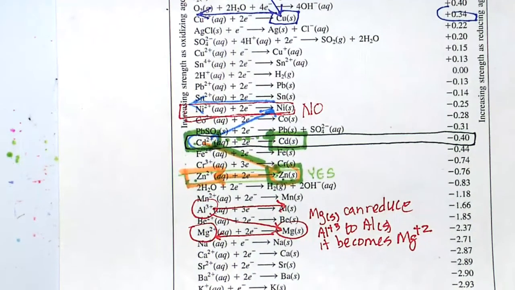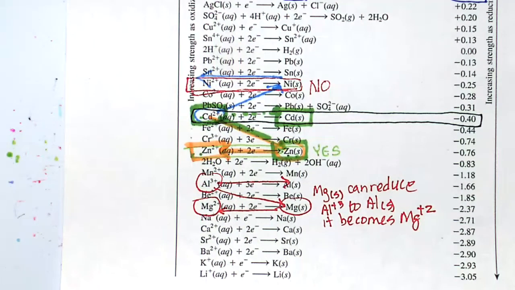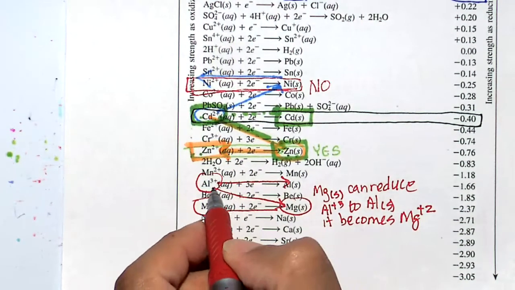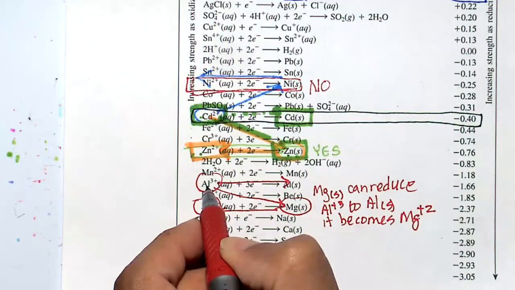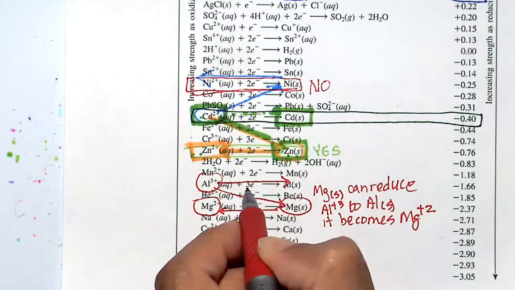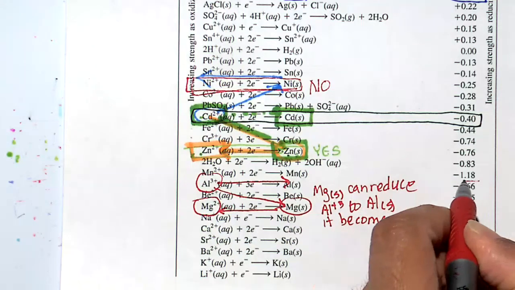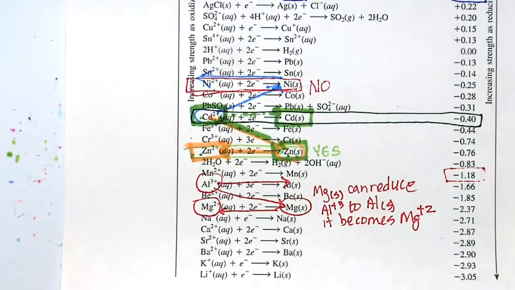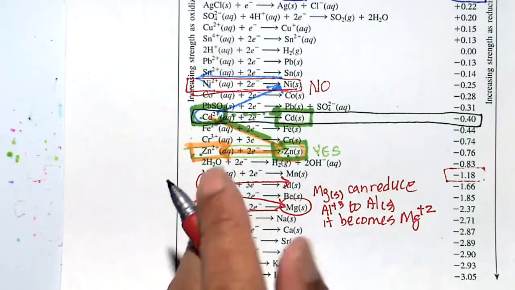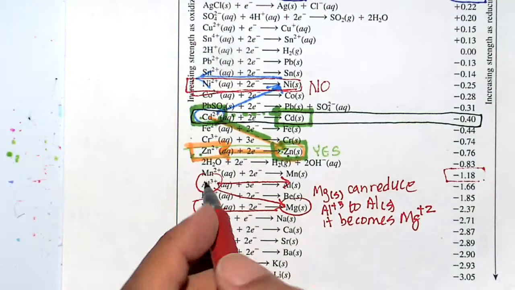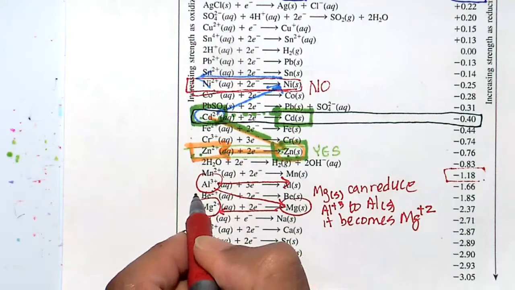Before you were reducing positive voltages of lesser value. Now you're doing it with negative voltages to other negative voltages. Yeah, because look here, that's a good point. Al plus 3 plus 3 electrons goes to Al solid. How many volts is that? You agree, Robert? It's minus 1.18. And I'm saying that it flips everything below it.